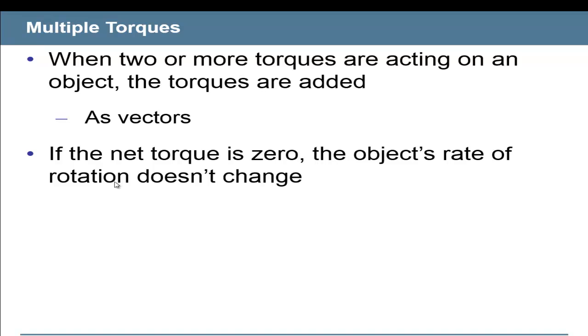This doesn't mean that it's not already rotating. It's just that the rotation doesn't change, just like acceleration means a change in velocity. If there's no angular acceleration, there's no change in the angular velocity. So if there's no net torque, there's no change in angular velocity here.